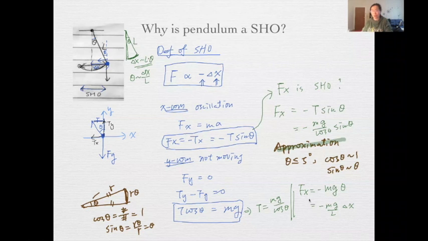All right, so now you can see in X direction under this approximation, it is indeed a simple harmonic oscillation because my force in X direction is proportional to negative times the displacement. So you see, this tells me the system is indeed a simple harmonic oscillation.